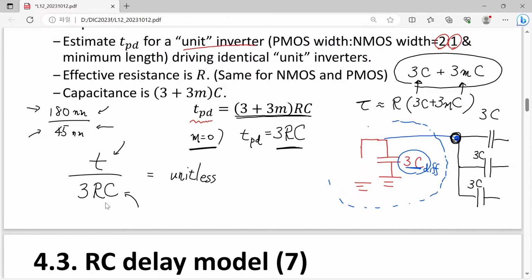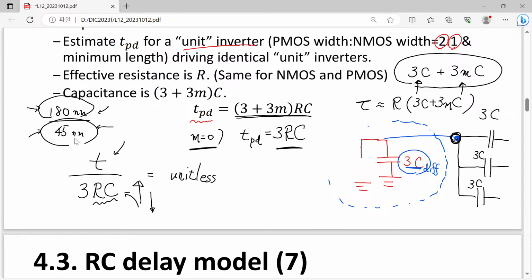What we can expect is for 180 nanometer, the RC product is quite high, and in the case of 45 nanometer, that will be much lower than that of 180. Then let's make a comparison between two circuits made from one technology and another technology.